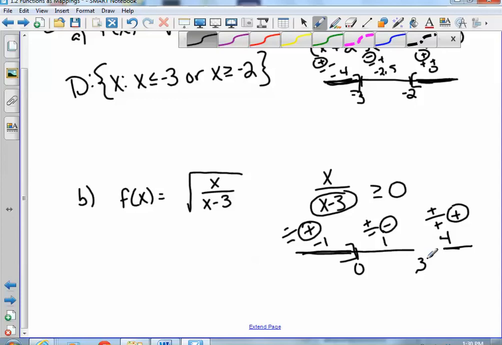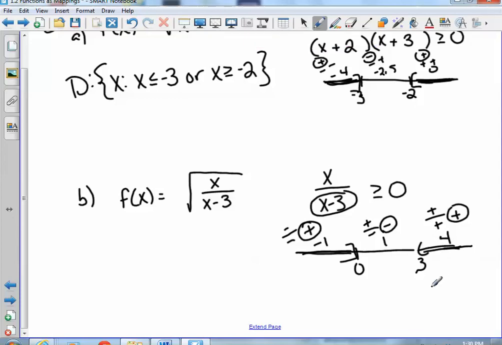So it cannot equal positive 3. That would give me 0 on the bottom of the fraction. So it has to be greater than 3. Right. So this domain is the set of x such that x could be less than or equal to 0 or greater than 3. Is that okay?